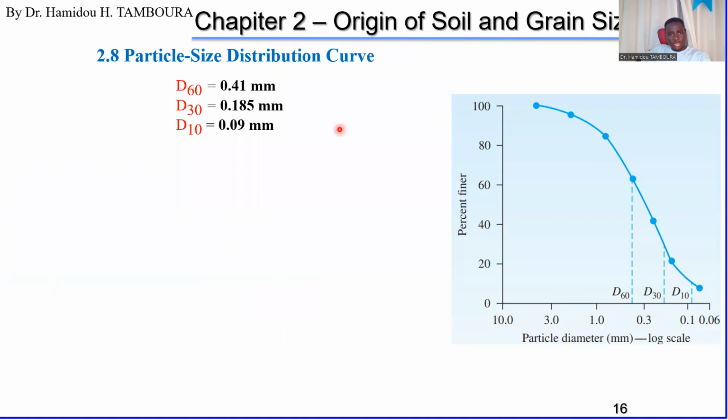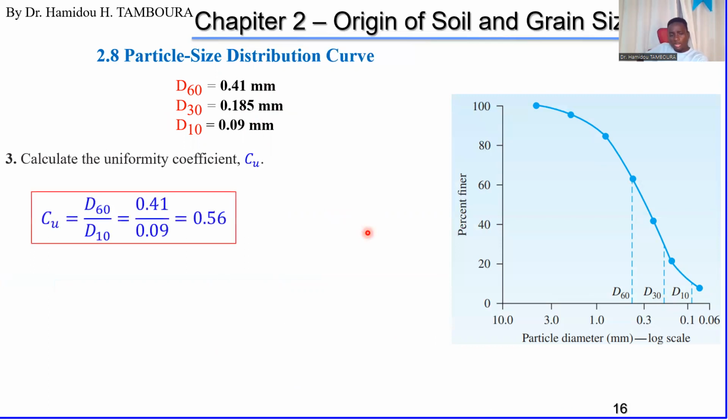Question number 3. So I will just put these here because we will use them again. So uniformity coefficient. Do you remember the formula? You use D60 and D10. D60 divided by D10. So 0.41 divided by 0.09, and you will obtain something like this.